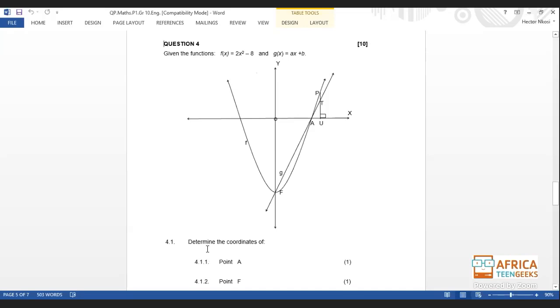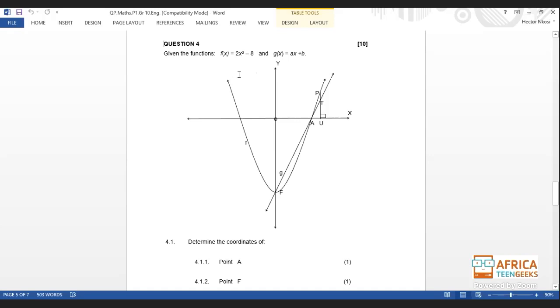So now here it says determine the coordinates of A. So what are the coordinates of A? Here's point A, but what are the coordinates of A? So basically what you need to do, you can take 8 to the other side, and it's going to be 8 is equal to 2x squared.